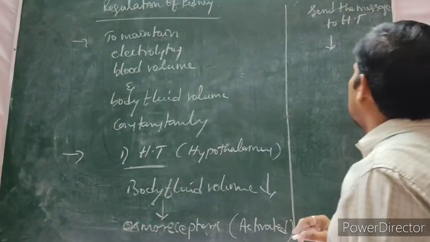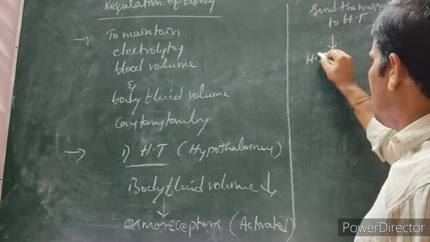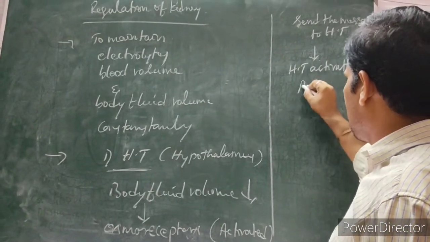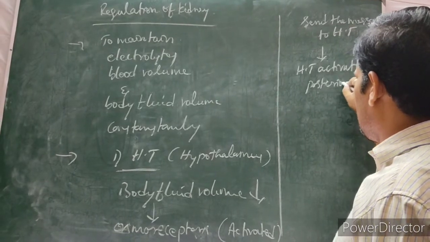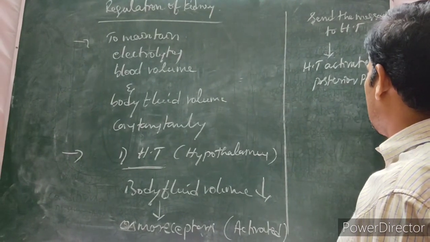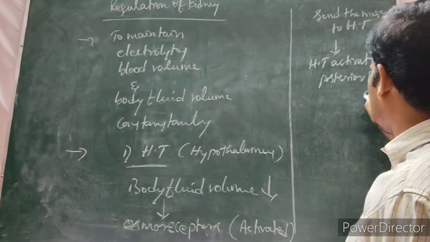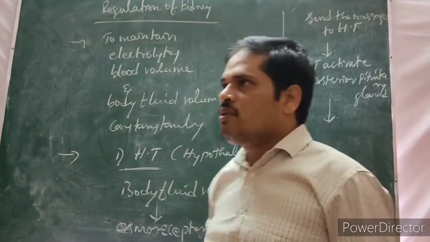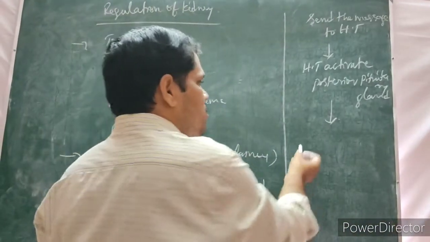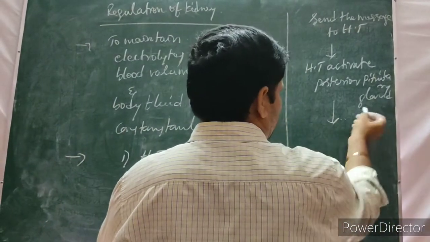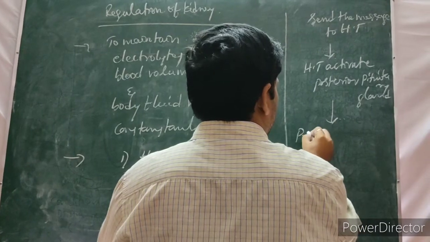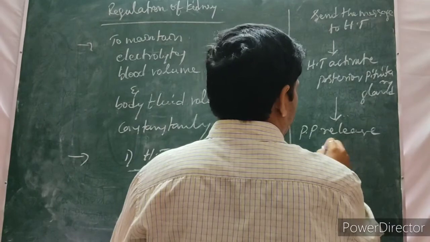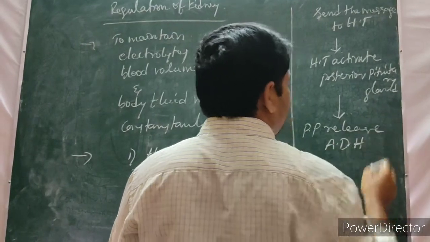Then the hypothalamus activates the posterior pituitary gland. After the posterior pituitary gland is activated, it releases anti-diuretic hormone, ADH.